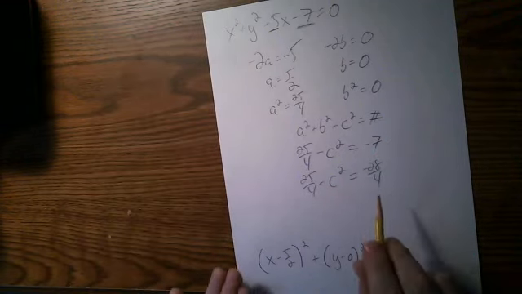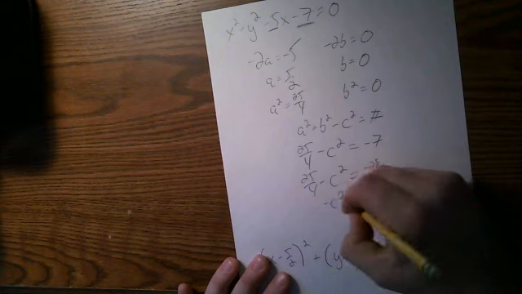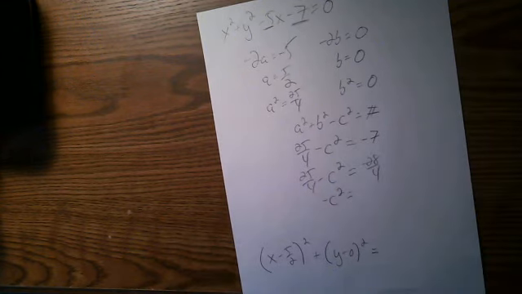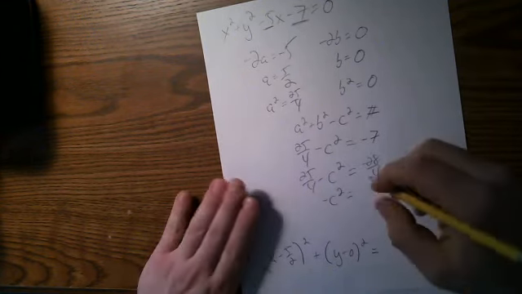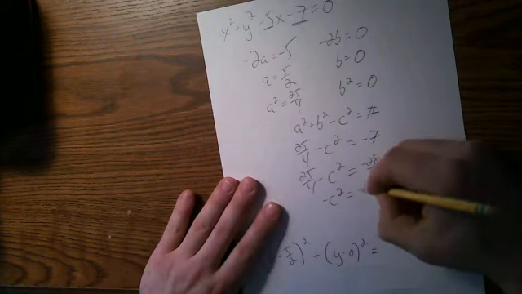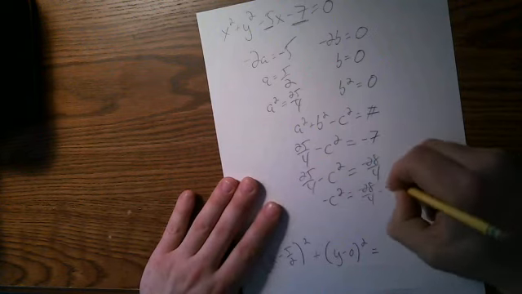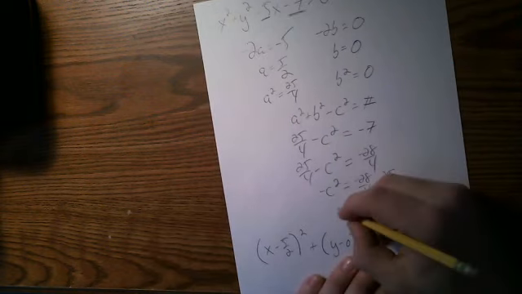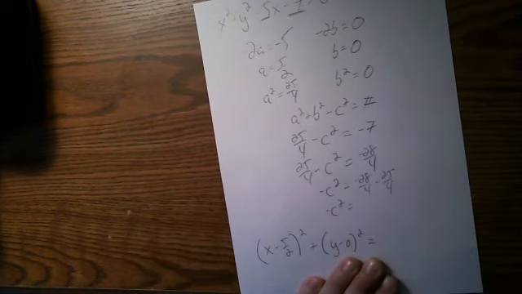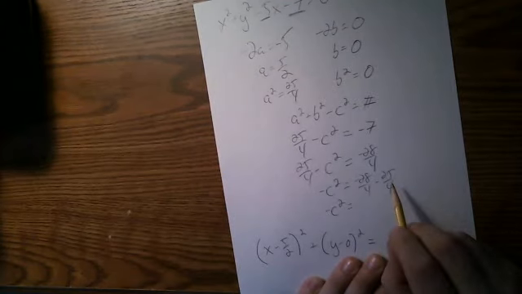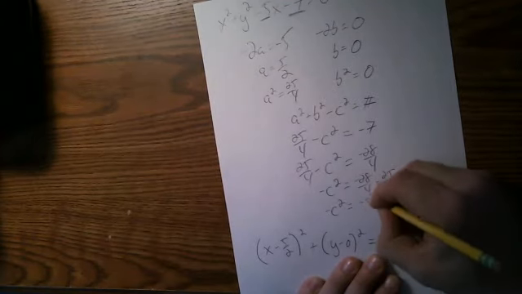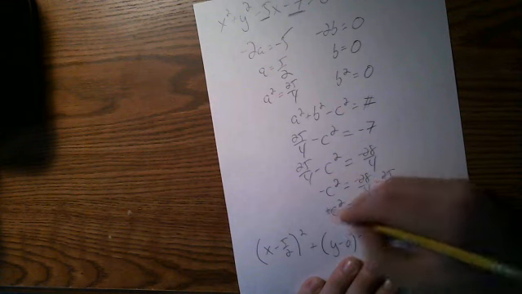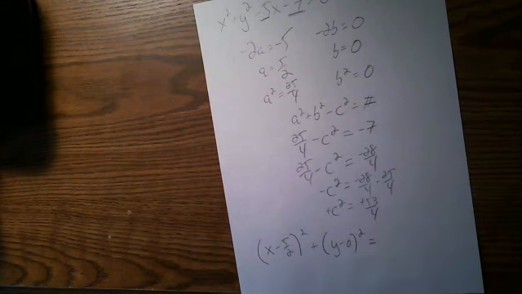And now we can subtract 25 over 4 from both sides, giving us negative c squared equals negative 28 over 4 minus 25 over 4. Negative c squared equals negative 53 over 4, and let's just make them positive by multiplying by negative 1.